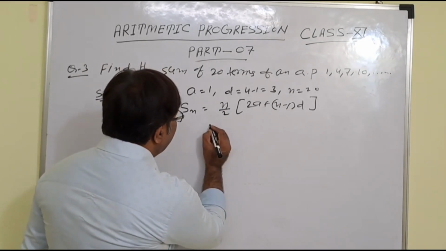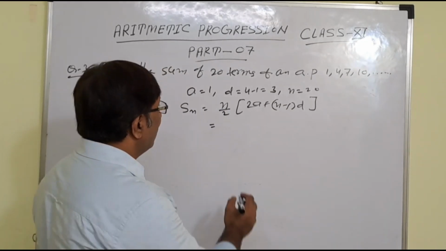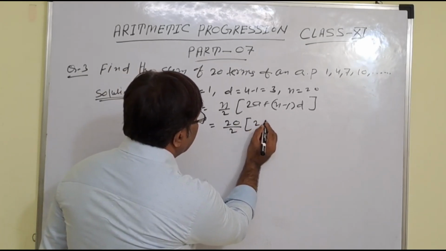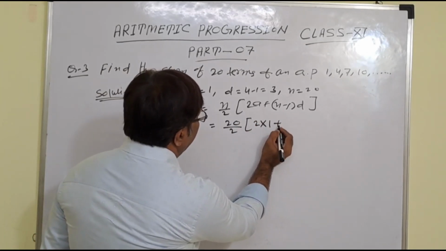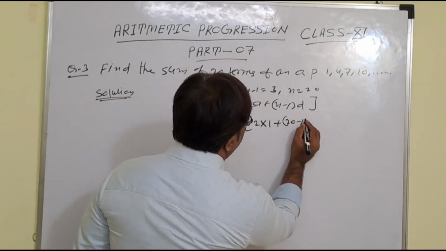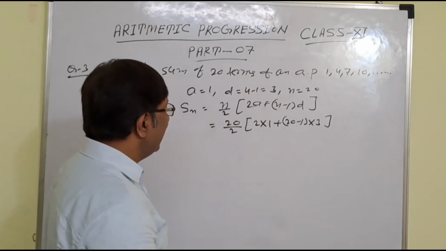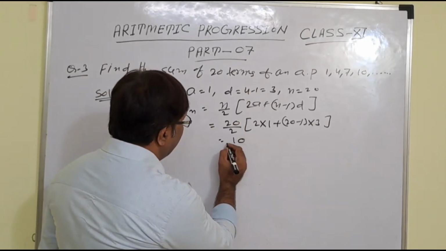Here n is 20, so this is 20 by 2 into 2 times the first term plus 20 minus 1 into d, and d is 3. Now 20 by 2 is 10.